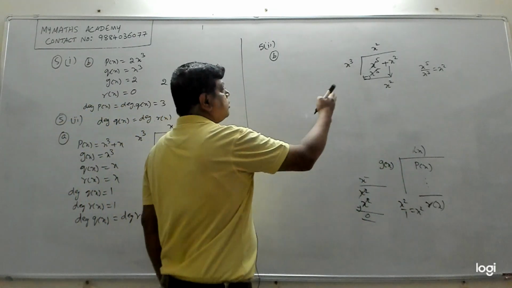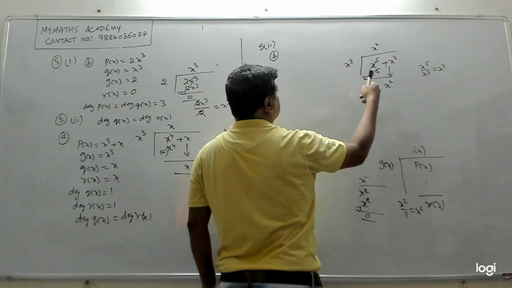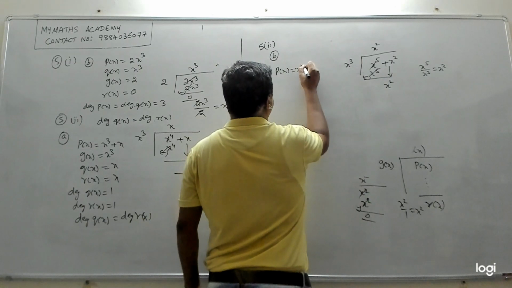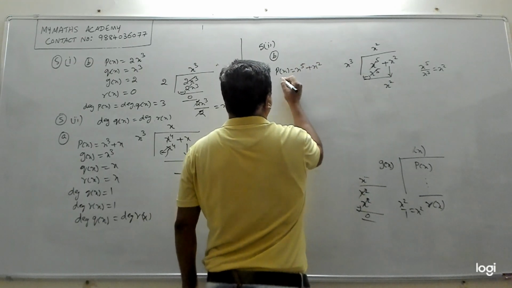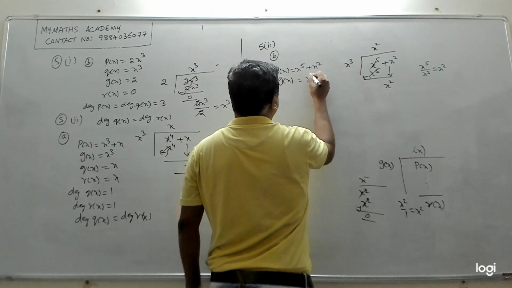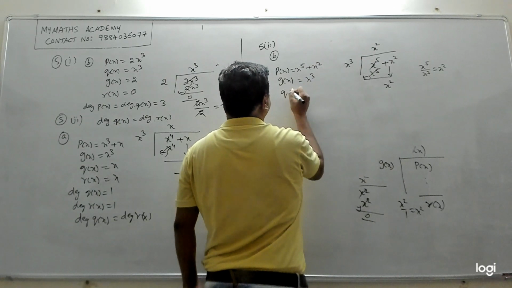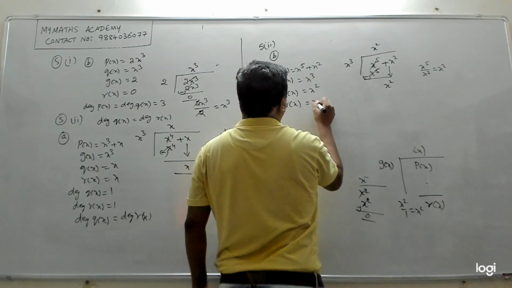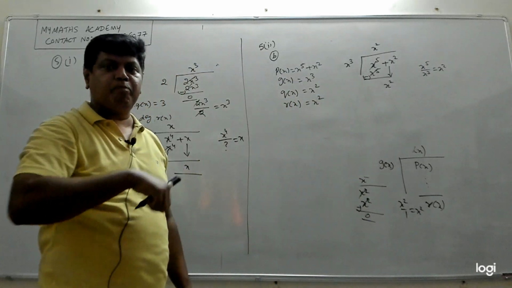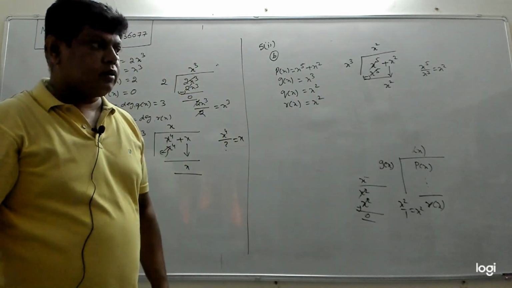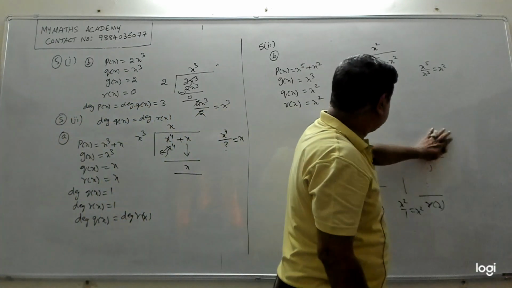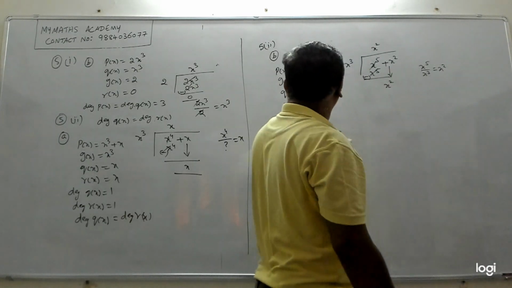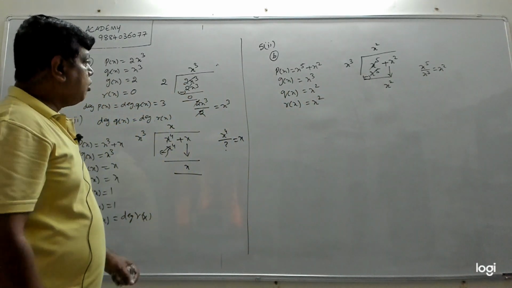So it is as good as my p of x is x power 5 plus x square. My g of x is x cube. My q of x is x square. My r of x is also x square. Clear? So they will satisfy the division algorithm, and also the given condition.